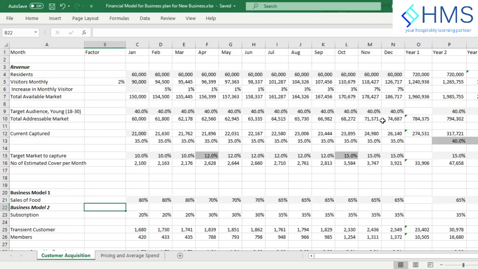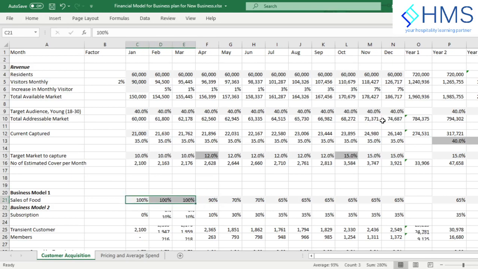The next thing we have done here is, we assumed that maybe the business would change its model from the sale of food only to a subscription model as well. So in the initial time, maybe it's only sale of food, and 90% of revenue initially will come only from the sale of food, maybe 10% will come from membership, or maybe in the first 3 months there is no subscription revenue, only the sale of food.